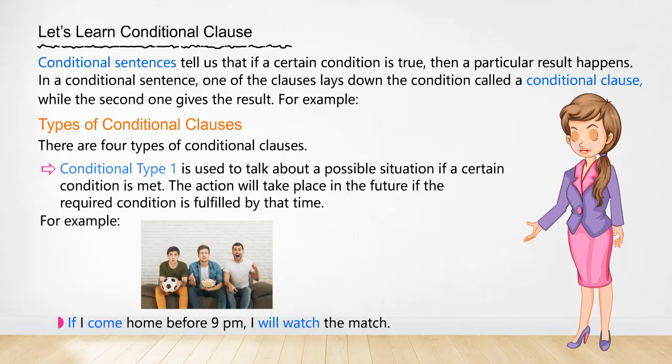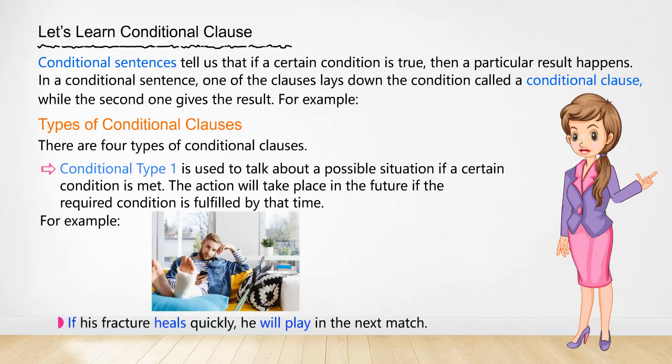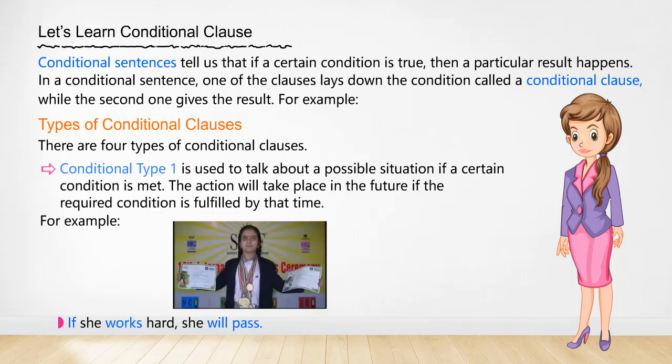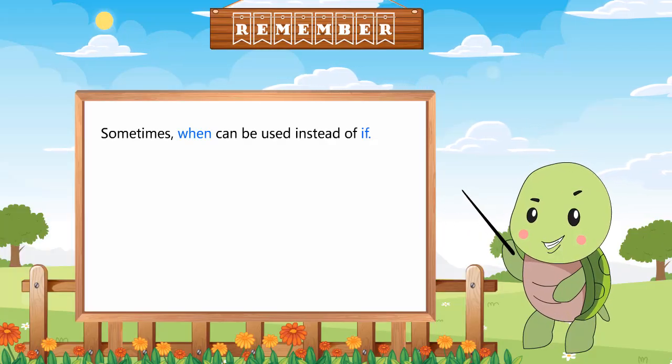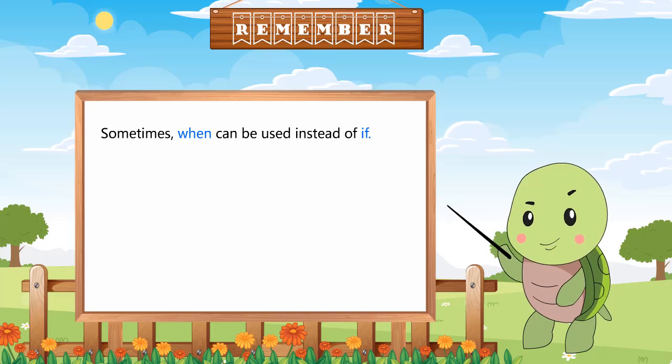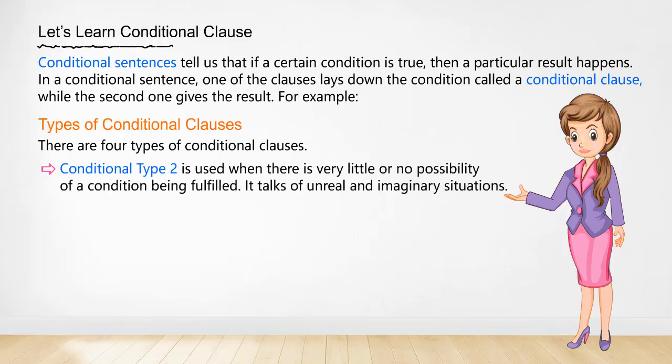For example, if I come home before 9 p.m., I will watch the match. If his fracture heals quickly, he will play in the next match. If she works hard, she will pass. Remember, sometimes when can be used instead of if.